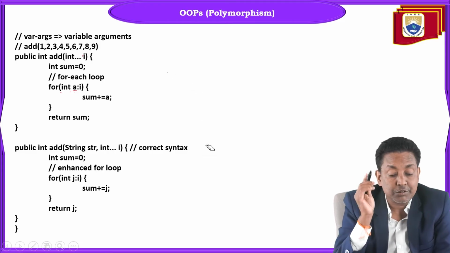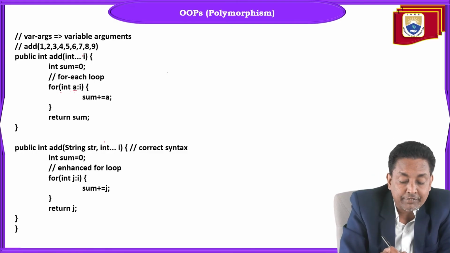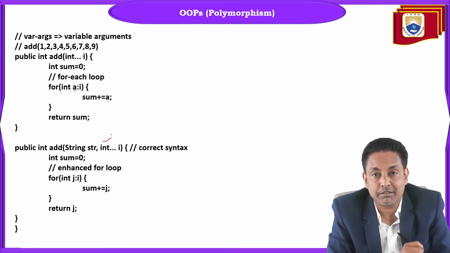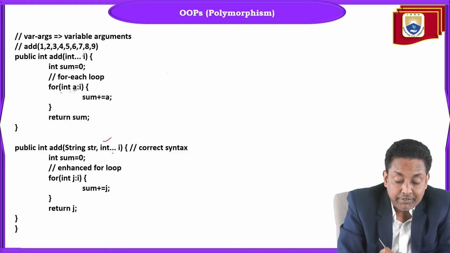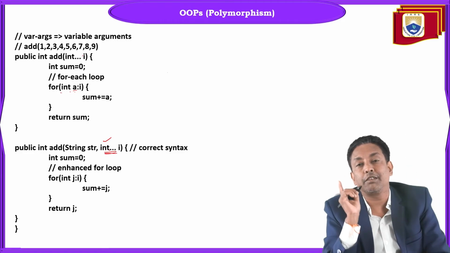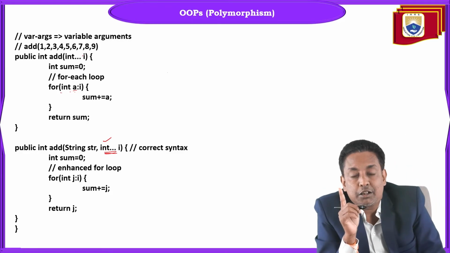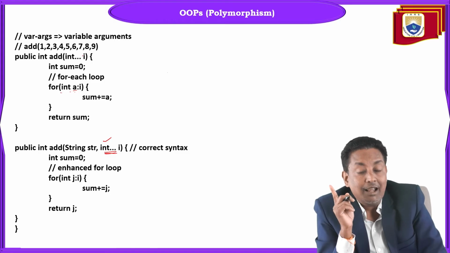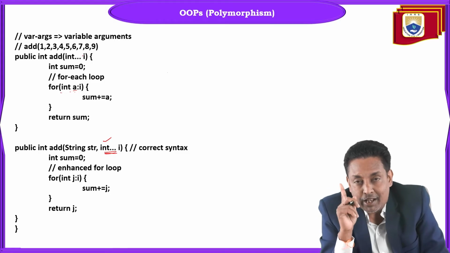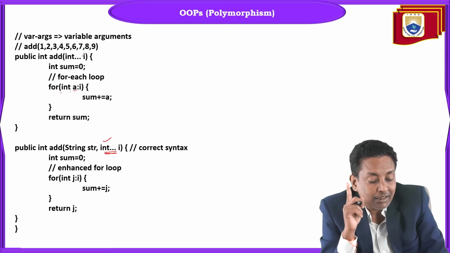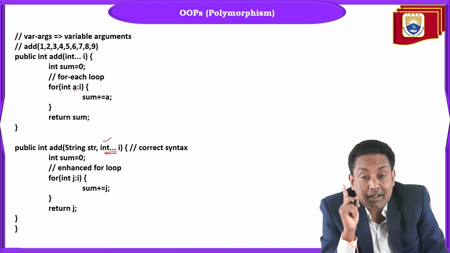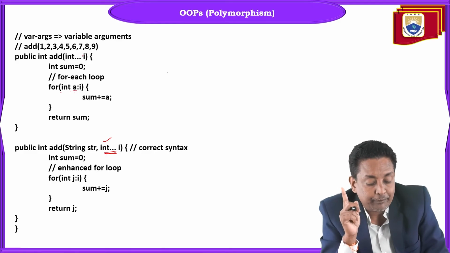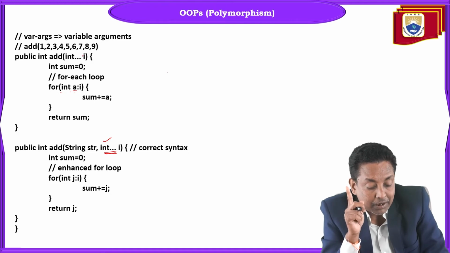And now, here are the conditions while using a vararg as a parameter in the method. Point number one: a method can take only one vararg parameter.